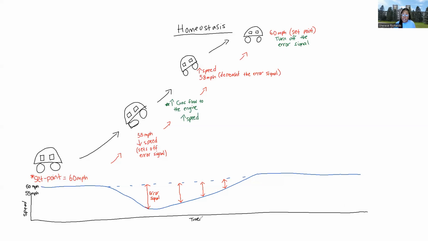We're going to talk about these different terms, set point, error signal, and we're going to describe them. But I really want to reiterate this example as far as how homeostasis comes about, right? It's never fully done. It's always a process of striving to maintain these set points, but we have our checks and balances, our error signal, which tells us when we move away from that, and then our corrective measures, which try to get us back to that set point.